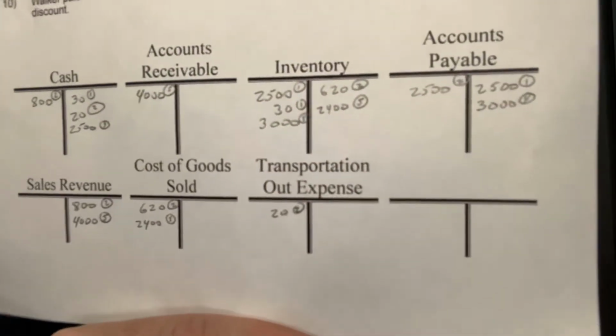All right, we're not done yet though, because it also said the cost of the merchandise sold was $2,400. So when you record that, just like we did the last time, we're going to have a debit to cost of goods sold of $2,400, and we're going to have a credit to inventory of $2,400. All right, so just think about that. That was 2 pieces to this same transaction, was it not?